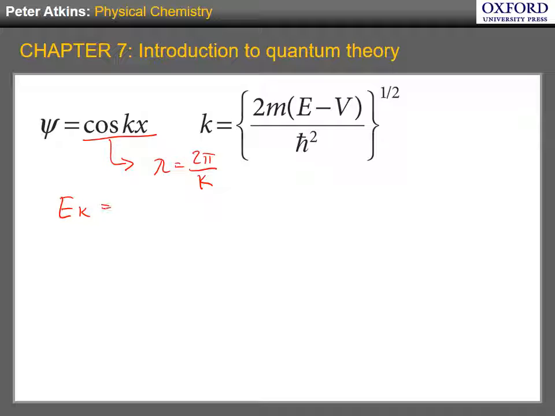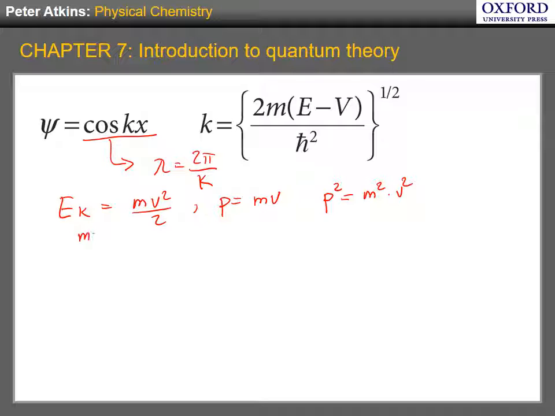Kinetic energy equals mv squared divided by 2. We also know that momentum equals mv, right? So then we can clearly say that p squared equals m squared times v squared.